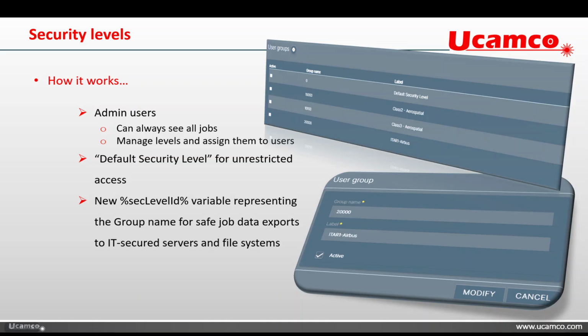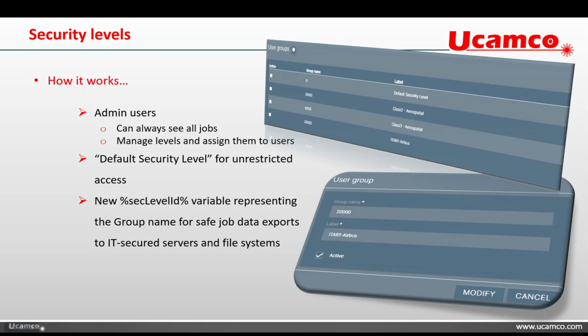That means that it's basically unrestricted in terms of access, so everybody can access jobs in the default security level. An operator doesn't need to do anything if it's unrestricted. By default, this will be the security level assigned by the system. So if nothing special is required, it is business as usual for the operator in terms of launching jobs.